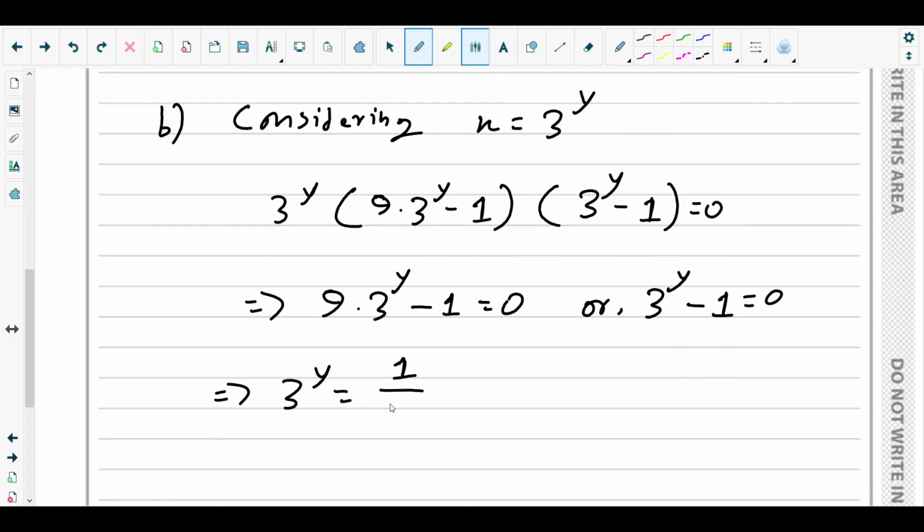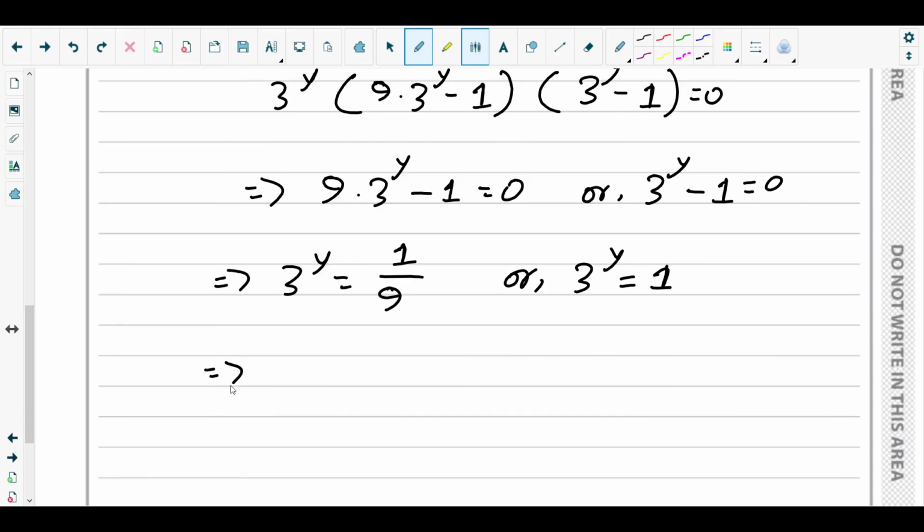You'll get 3 to the power y equals 1 over 9, or 3 to the power y equals 1. We can write 1 over 9 as 3 to the power negative 2, and 1 as 3 to the power 0.